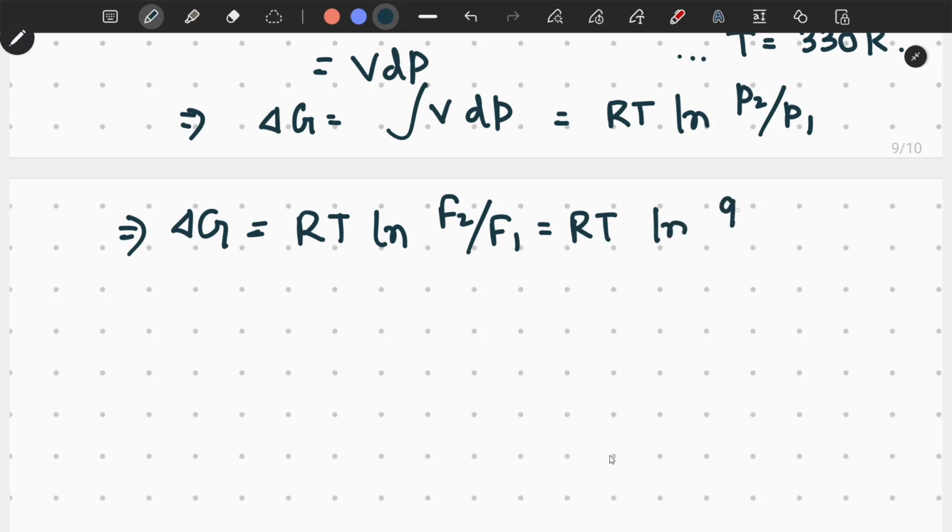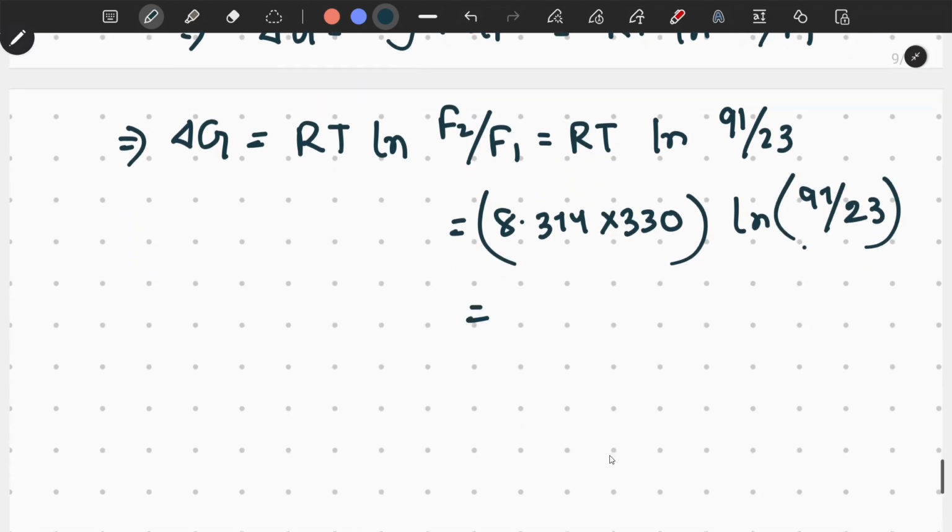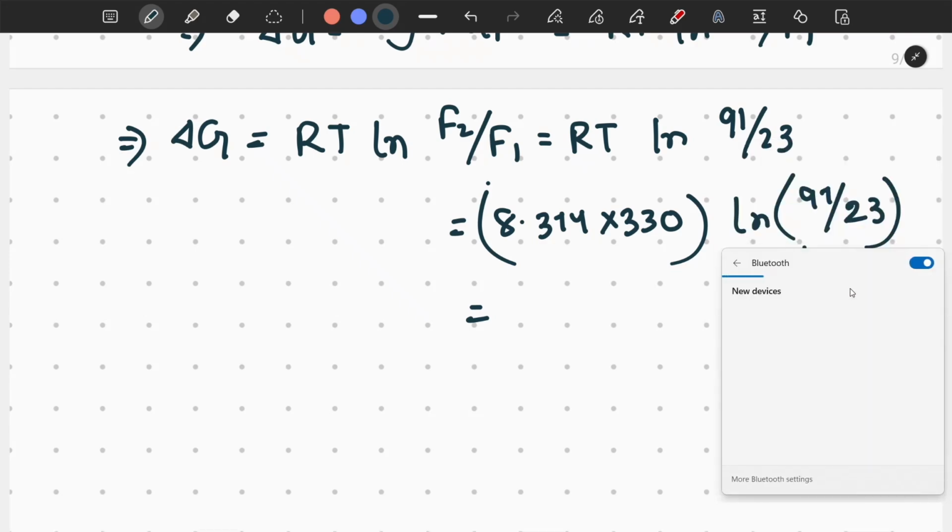RT and 23 and RT is... do it. 40 is the answer. 3.47.